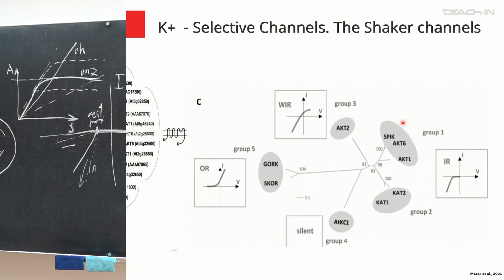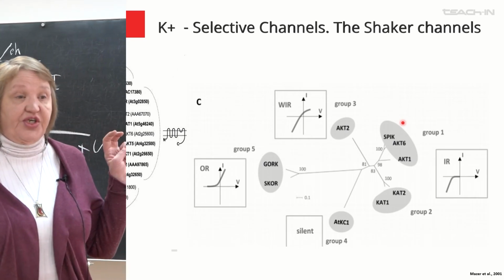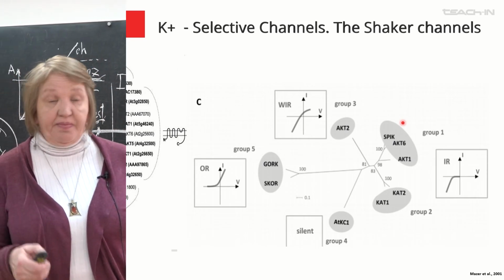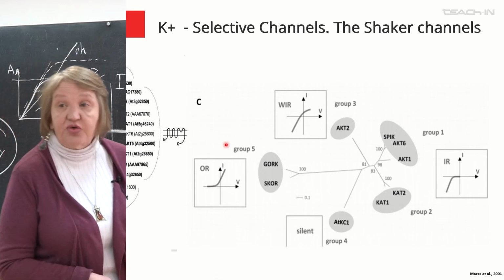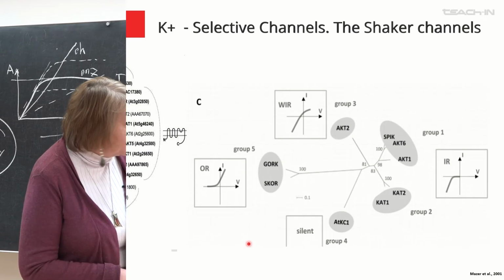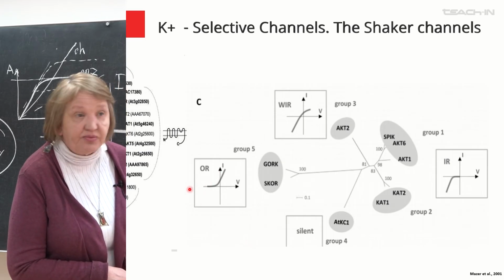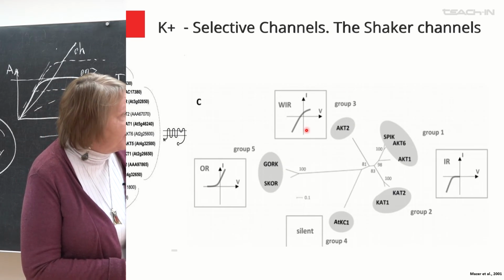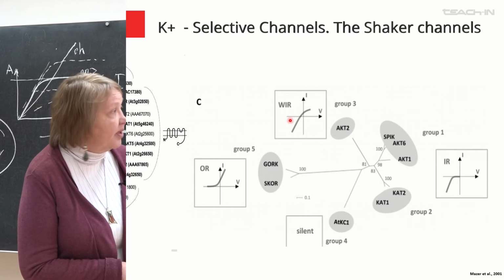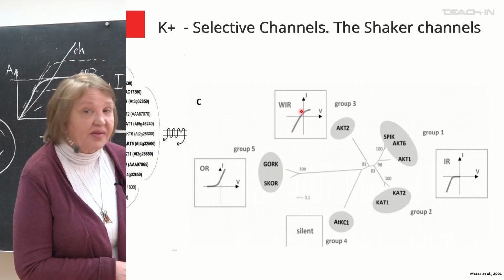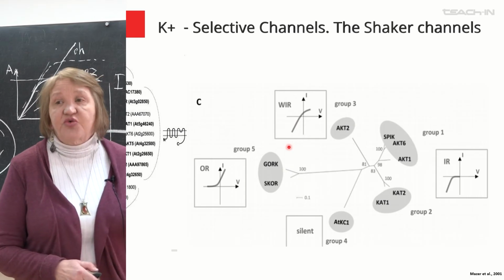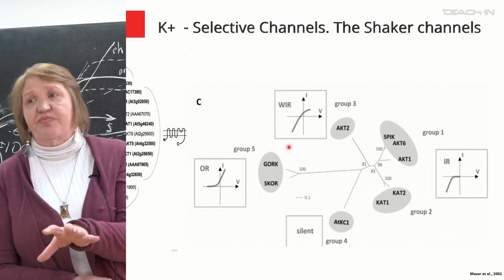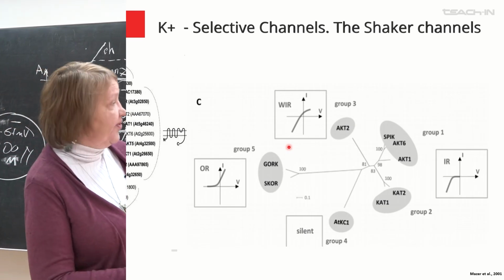Okay, so, shaker channels. There are certain groups of shaker channels. Some of them are outward rectifying, and you can immediately tell, by this graph, outward or inward, right? No problem. And what about this one? It's kind of both an inward and an outward channel. So it is voltage regulated, but less than these other groups.